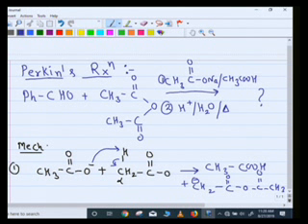Is there any doubt in step number 1? This is simply a reaction in which the base attacks the alpha hydrogen. Any doubt in the first step, guys? Okay, cool. Note it down quickly.